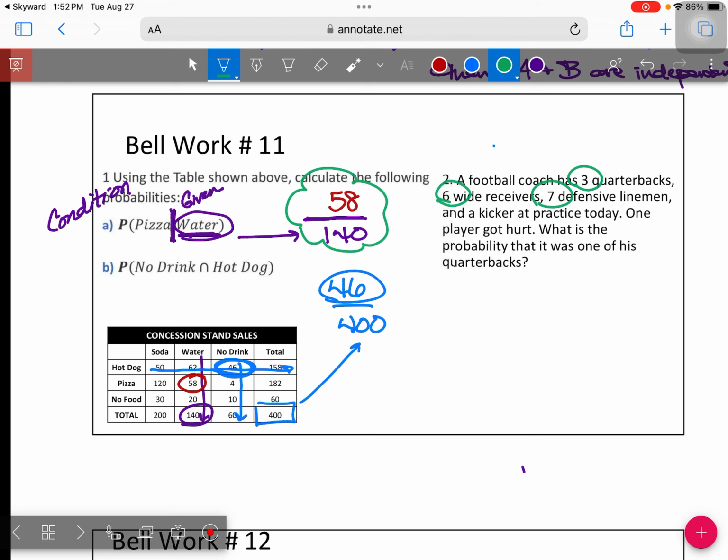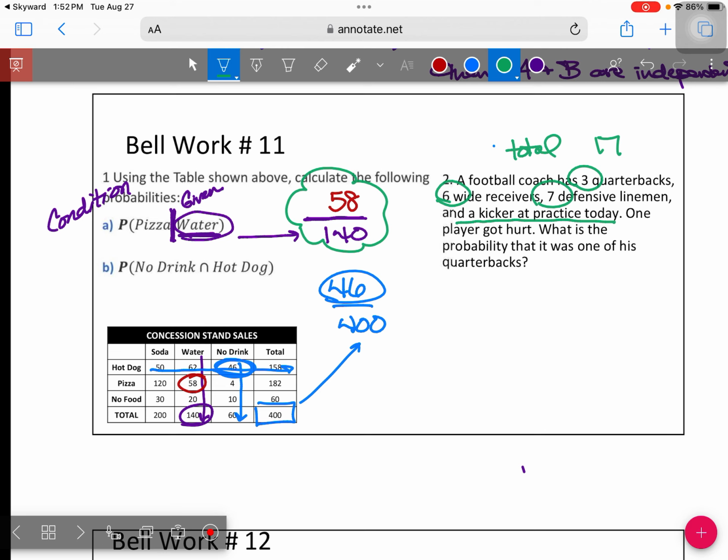So, a football coach has 3 quarterbacks, 6 wide receivers, 7 defensive linemen, and a kicker at practice today. How many total is that? Oh, the kicker. You forgot the kicker. So you got to read and be careful. So I have a total of 17.